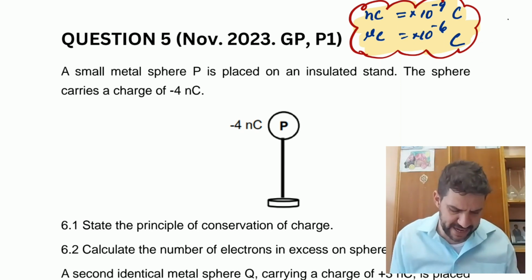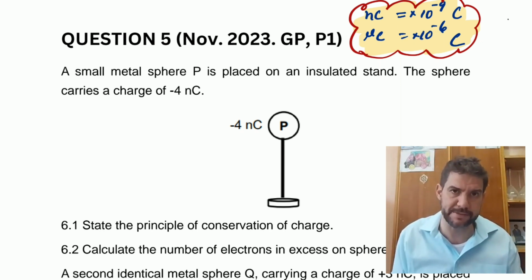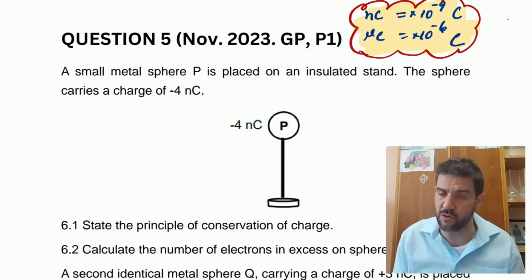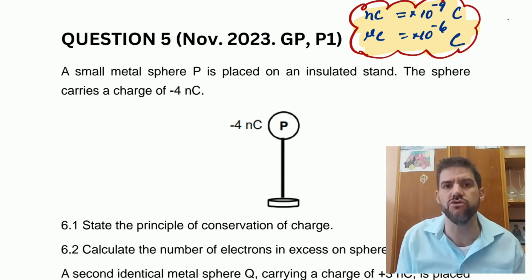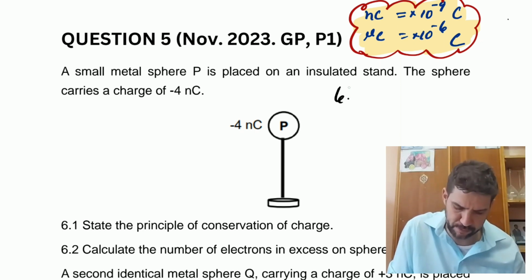The question says, state the principle of conservation of charge. It's an important principle. It was done in grade 10, and you are going to use it most of the time. So let's write it at this specific point, 6.1.